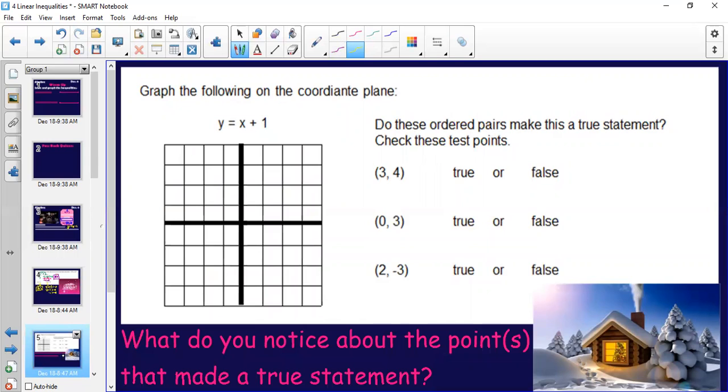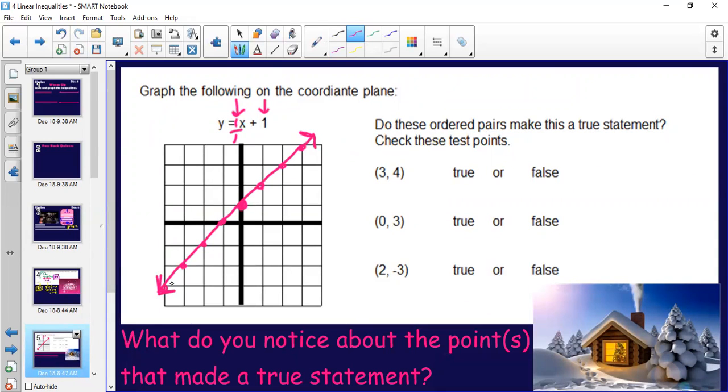We are going to graph this equation, y equals x plus 1. We're going back to equations really quickly. If I plot the y-intercept, I'd start there and use my slope of 1/1, so up 1, right 1. We did this last chapter, and also last week with linear systems.